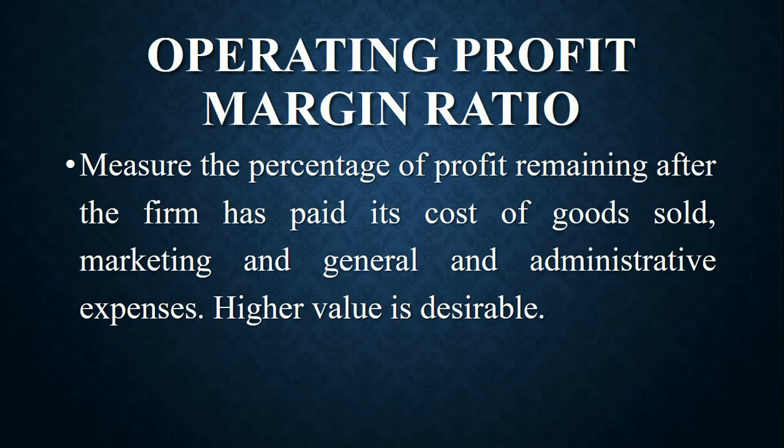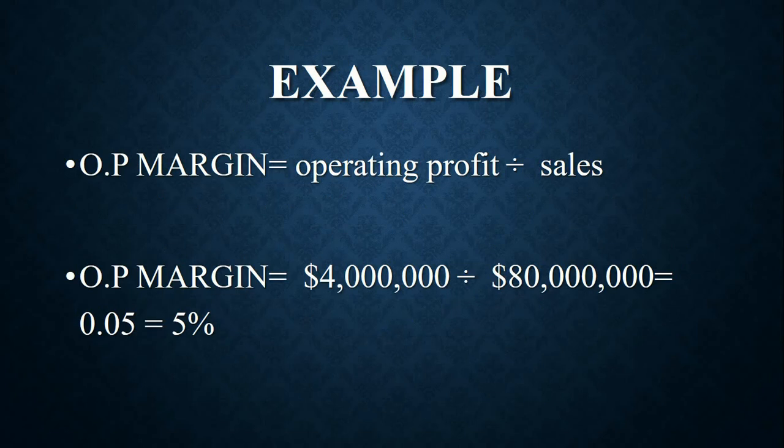Next is the operating profit margin ratio, which measures the percentage of profit remaining after the firm has paid its cost of goods sold, marketing and general and administrative expenses, and its higher value is also desirable. It means after the gross profit, we will deduct all of the marketing and general and administrative expenses, and we will get the figure of the operating profit.